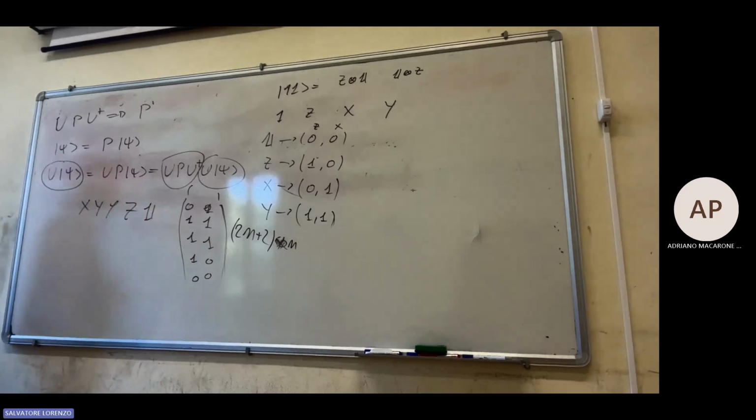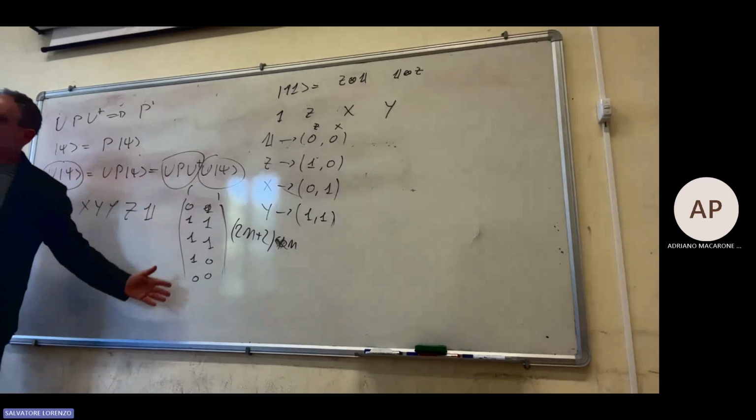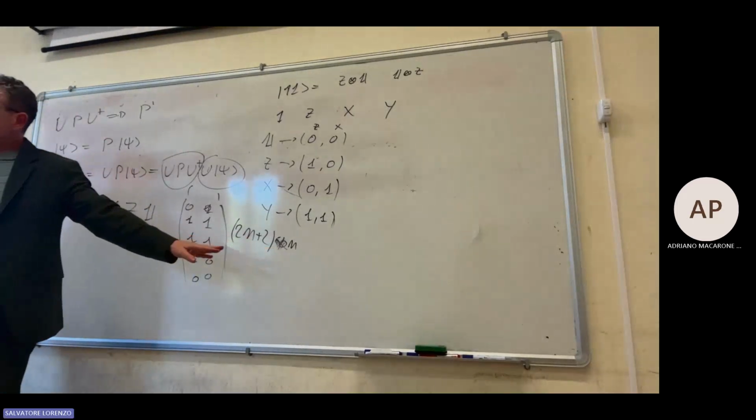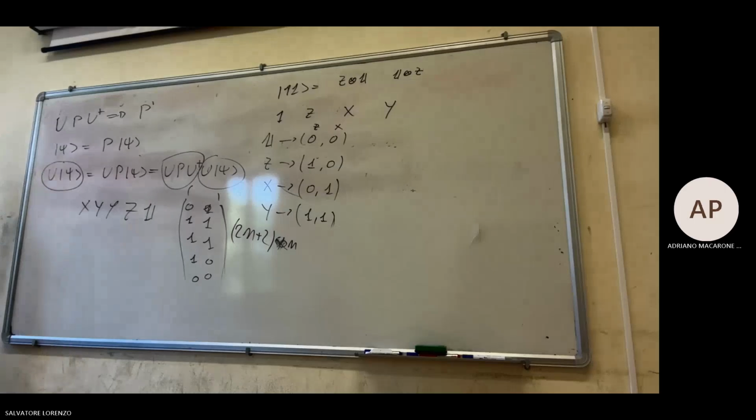For the stabilizer state, you need only something that scales like n squared. This means that you can store the result quite easily.